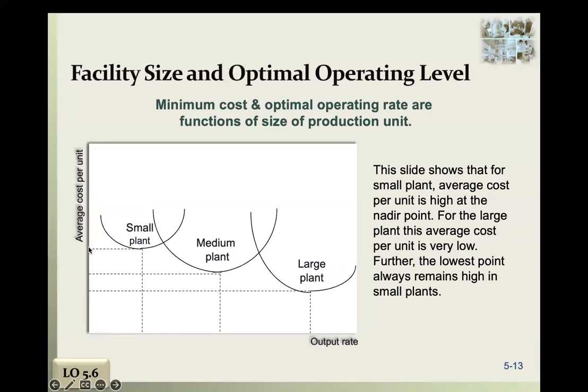So this is the whole idea why those organizations that have very high capacity, which means they are producing in bulk, tend to be more efficient and more productive. On the other hand, those that are operating at a smaller level, their cost would be higher and they may not be that competitive.